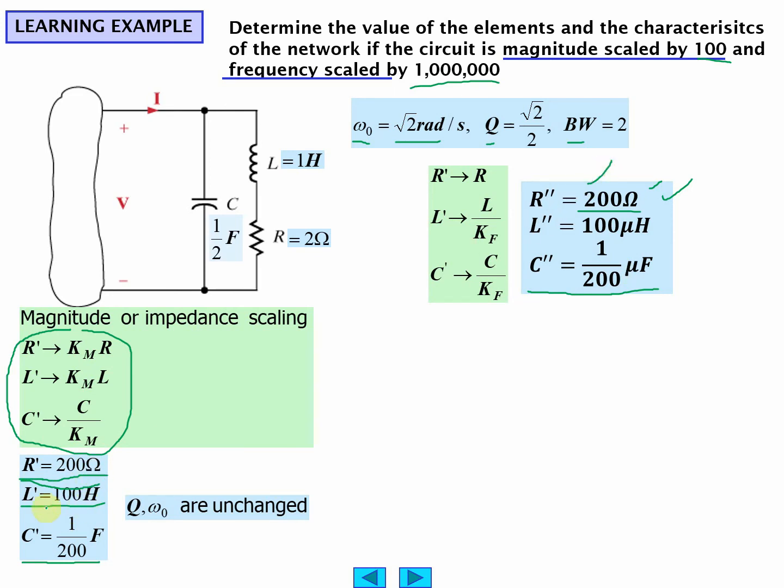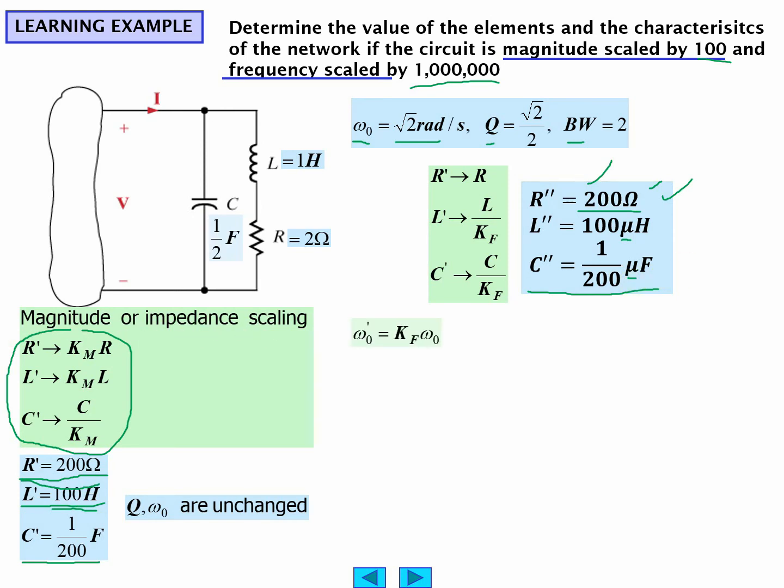We have to divide the impedance by 10 to the 6th. So we turn the henries into microhenries, 10 to the negative 6 henries. And the capacitance, you divide by 10 to the 6th also. So we have 1 over 200 farads turns into 1 over 200 microfarads.